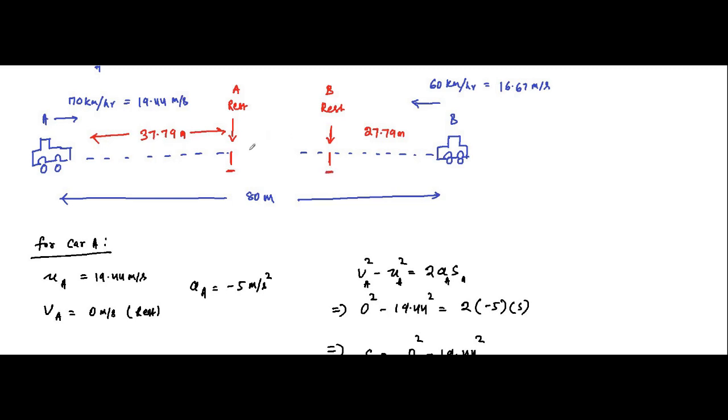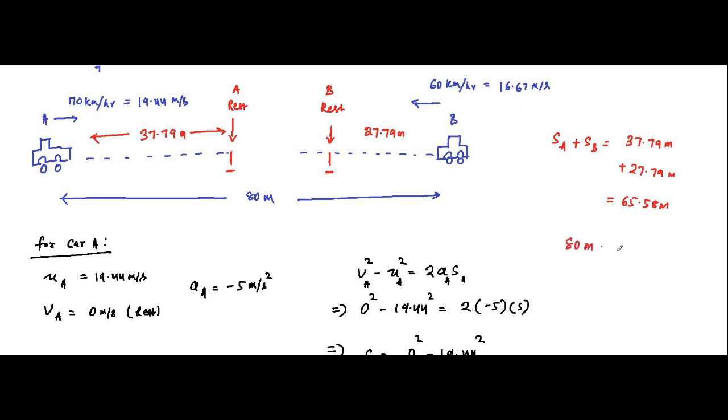So if we calculate the sum of these two distances traveled by car A and car B, that is SA plus SB, equal to 37.79 meters plus 27.79 meters, that is equal to 65.58 meters. And if we subtract this from the initial separation when the brakes were applied, the initial separation was 80 meters.